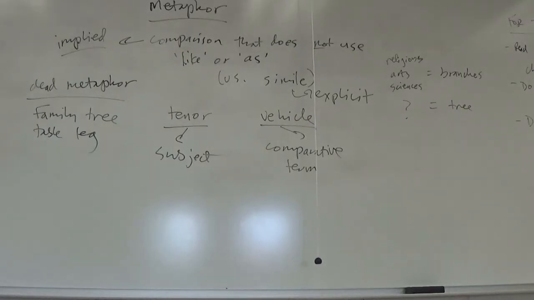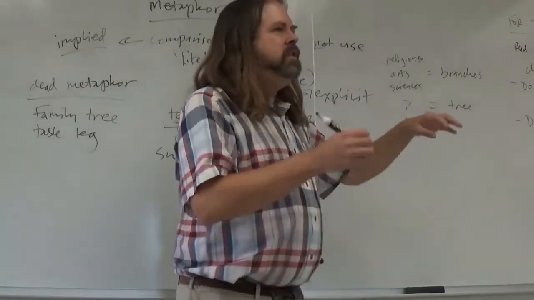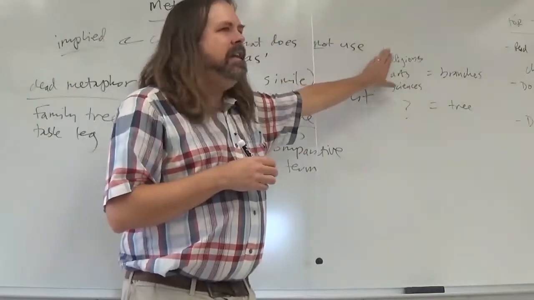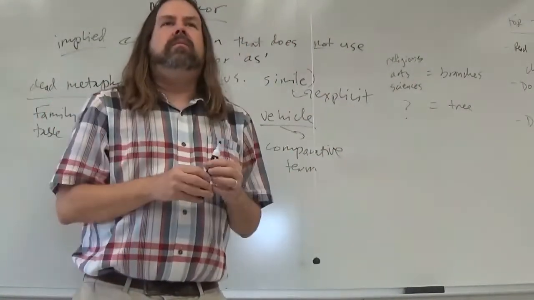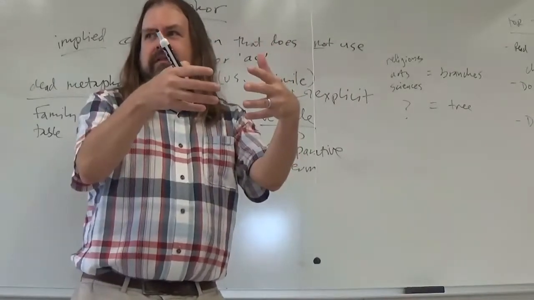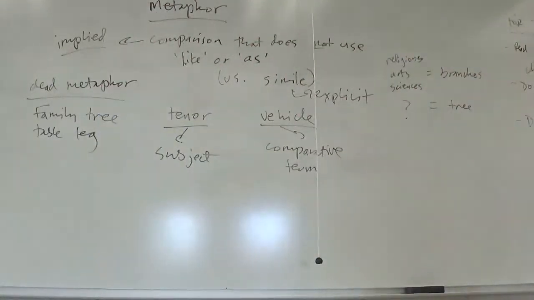Okay, yeah, academic subjects, fields of knowledge, right? So these are particular academic fields that are branches of the larger tree of knowledge, right? And that whole tree of knowledge actually goes back to that original biblical metaphor. Adam and Eve in the Garden of Eden don't eat from the tree of life and death, they eat from the tree of knowledge, right? That allows them to know good and evil. Although that's maybe digging a little deeper than the textbook authors intended us to.